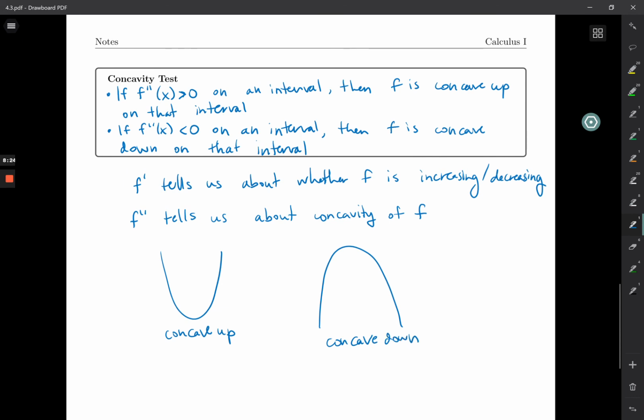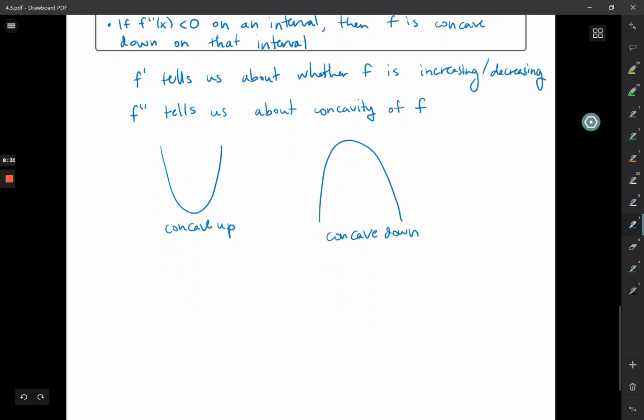And so the way that I like to remember which one corresponds to f double prime being positive or negative is to, so I'll just go ahead and draw this down here.